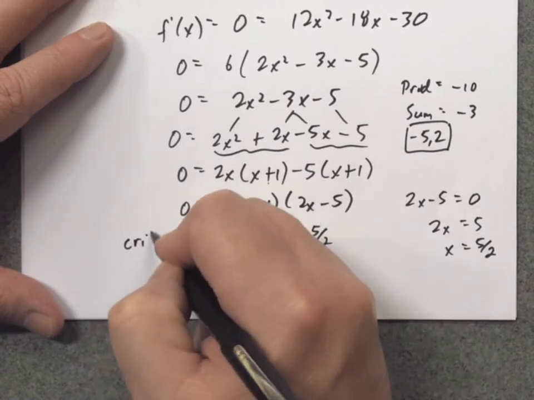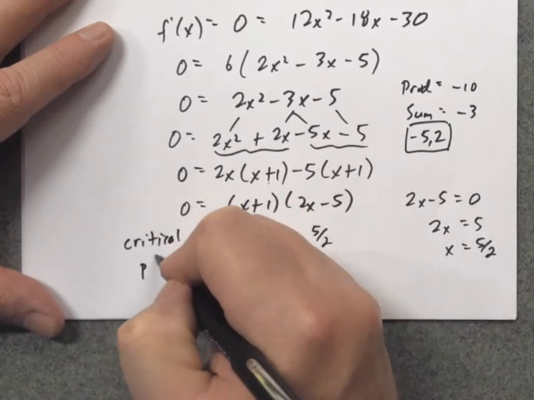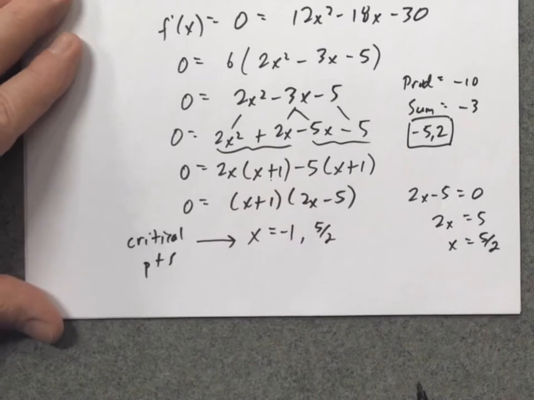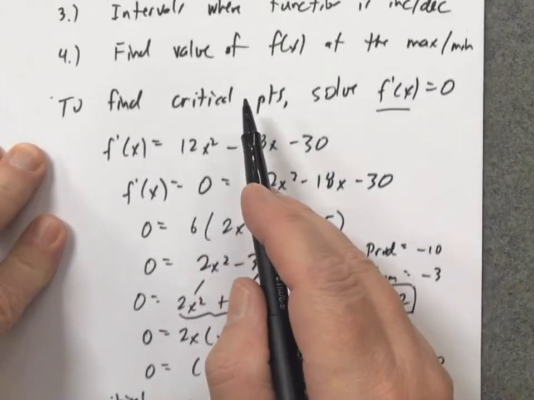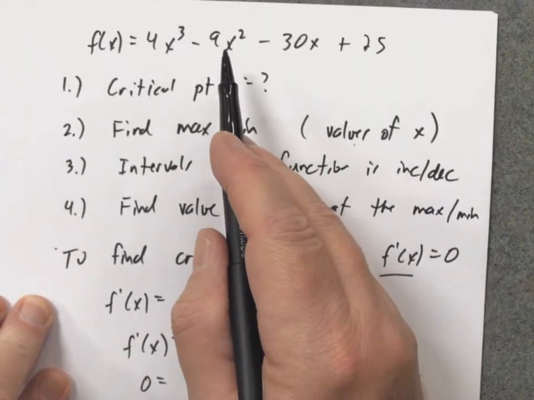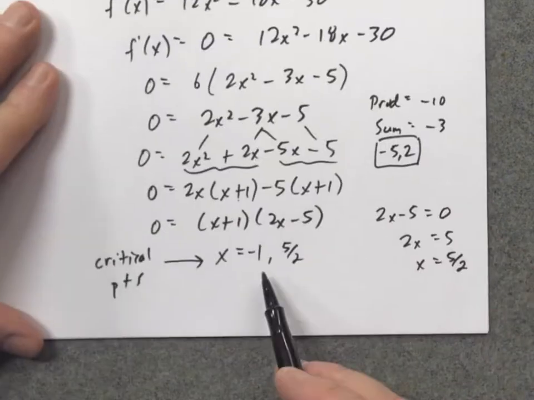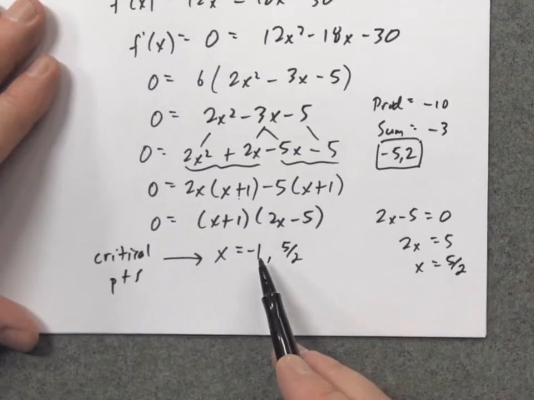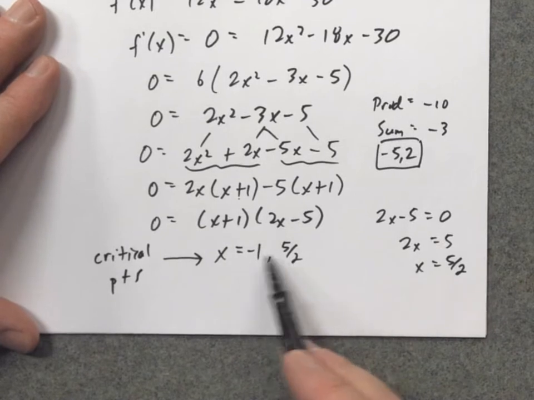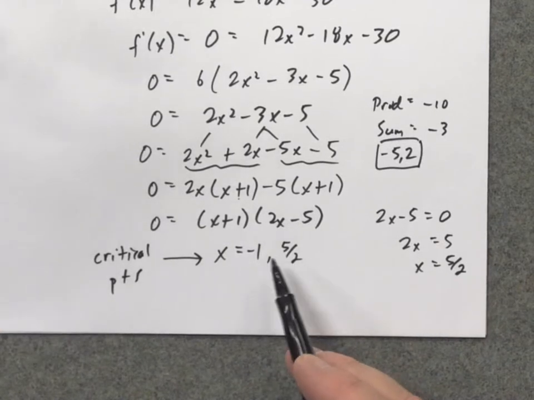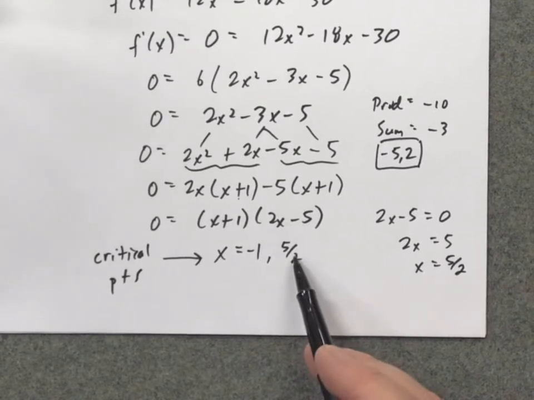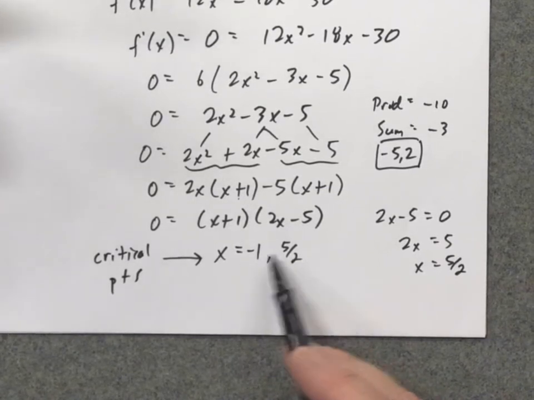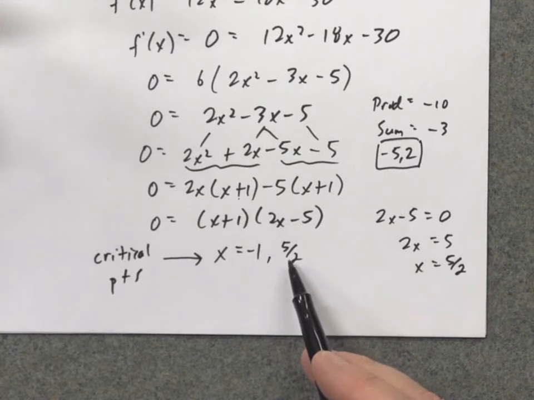What I've just determined are the critical points for this function, way up here when I first wrote it. It looks like these two values of x are either going to be a maximum or a minimum, or maybe neither, but probably a max or a min. Now, I don't know what these points are yet.